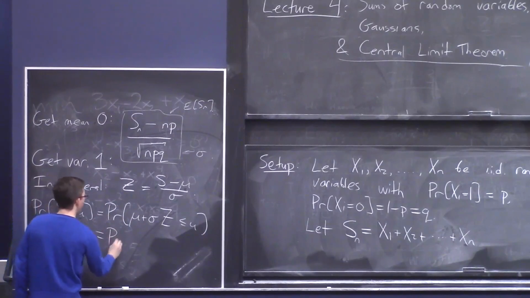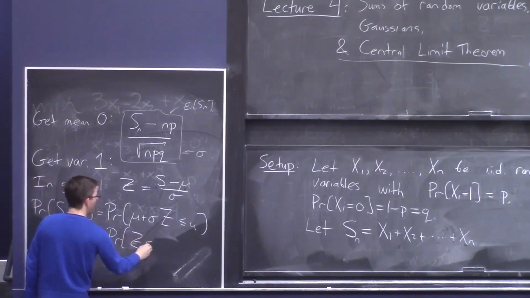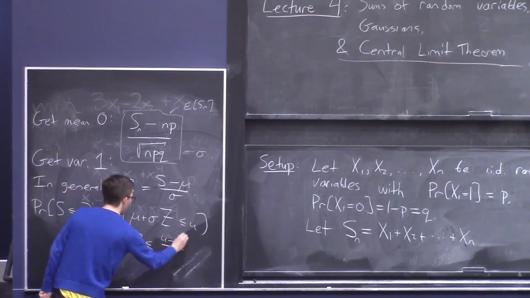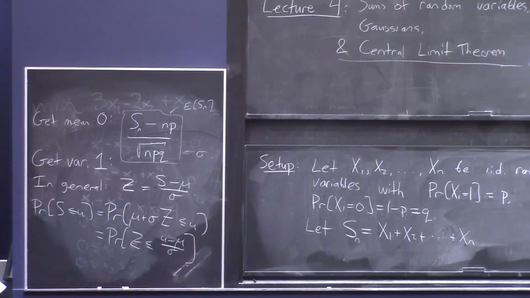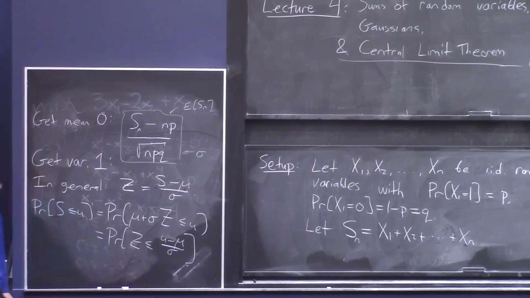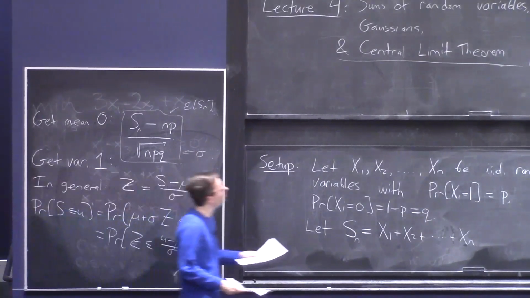We get the probability that Z is at most U minus mu over sigma. Okay, and mu and sigma are constants here. So if you understand everything about the distribution of S, then you also understand the distribution of Z and vice versa.